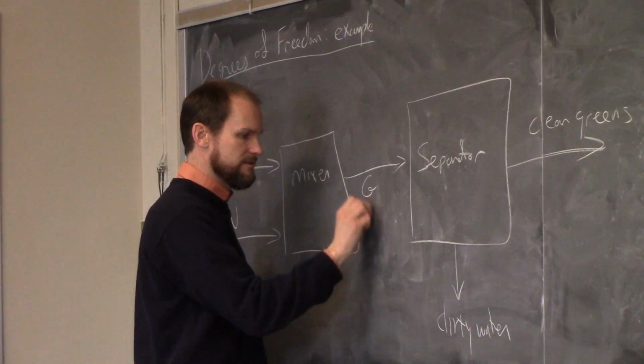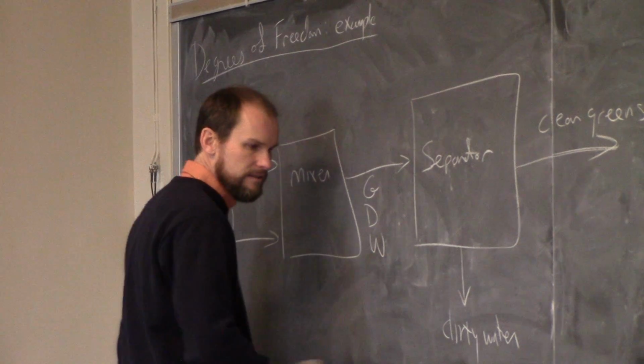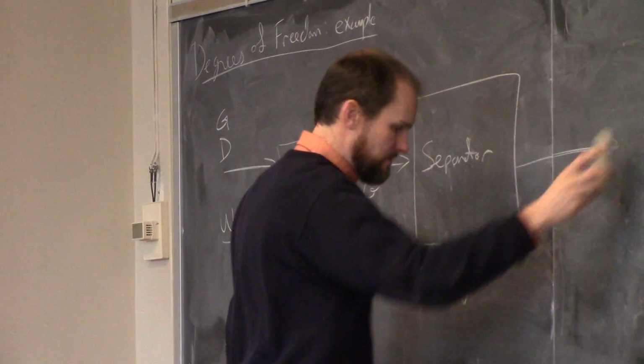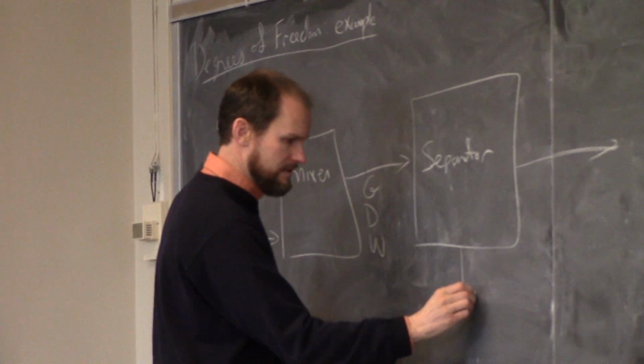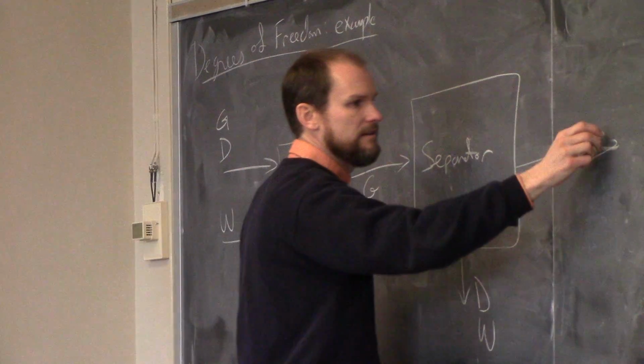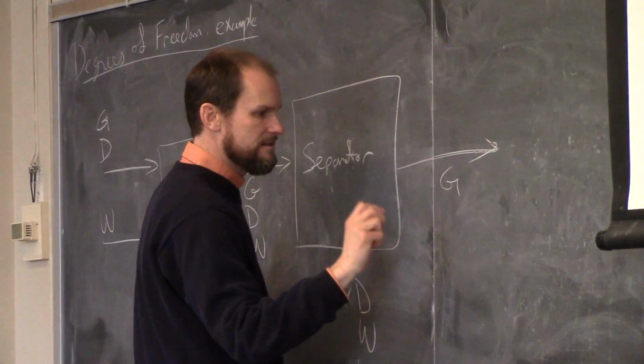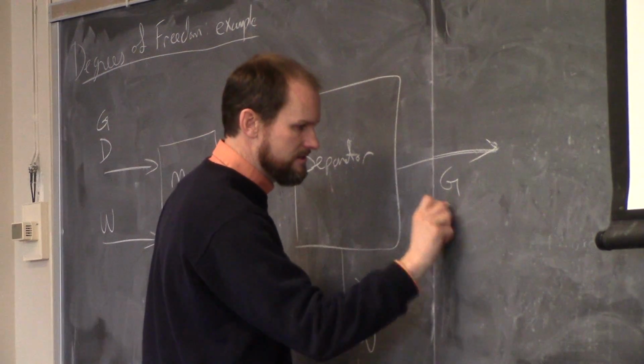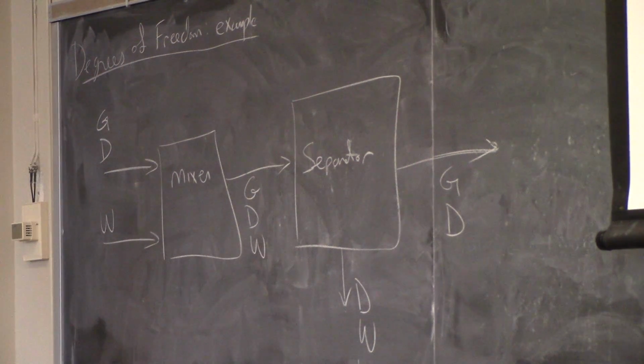So here we'll have greens, dirt, and water. And then the output stream, let's see, has dirt and water. What comes out here? Greens and dirt, right? Okay. Super.